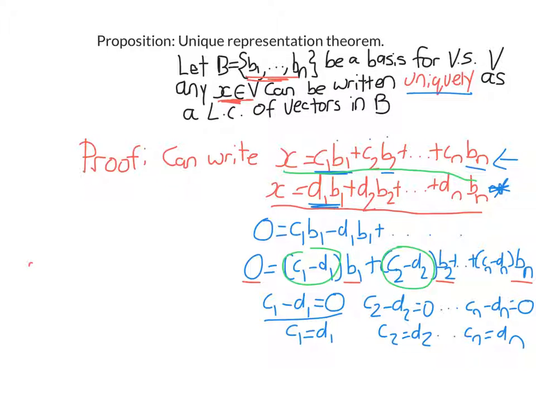For example, in R3, any three vectors that are linearly independent will form a basis. In R8, any 8 linearly independent vectors will form a basis for R8. That works for any vector space, and of course that means for any subspace.